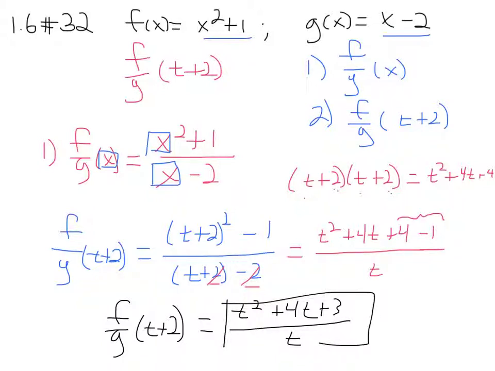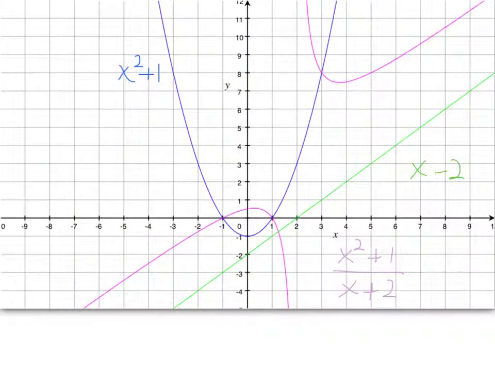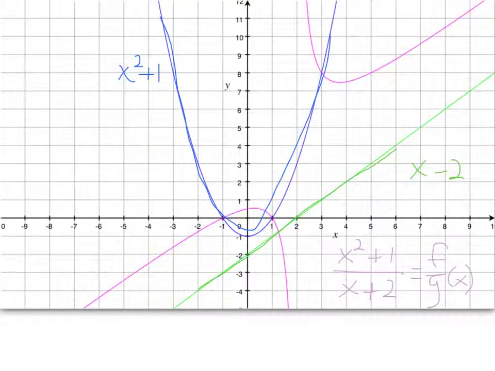Okay. Now let's look at the graph. In our first graph here, I'm going to show x squared plus 1, that's our parabola. Our x minus 2 is our linear that has been shifted down by 2. And this is our f over g of x. Okay, we get this thing that it's going to blow up at x equals 2.